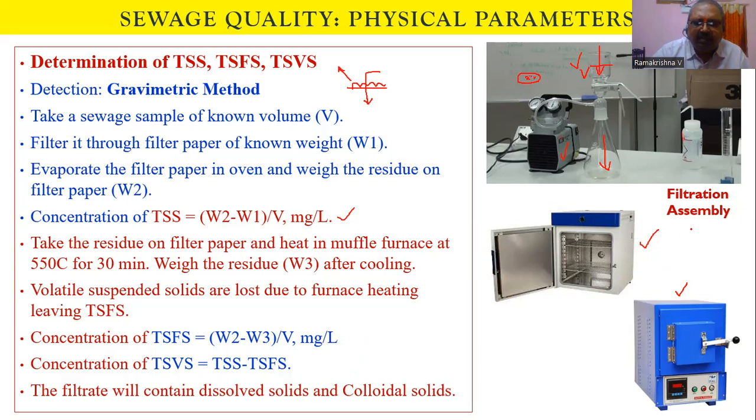The difference of the weights after the oven drying and after the furnace heating will give you the amount of fixed solids present in the initial volume of V ml or V liters. So therefore the concentration is in milligrams per liter. And the difference of these two will be equal to your total suspended volatile solids.